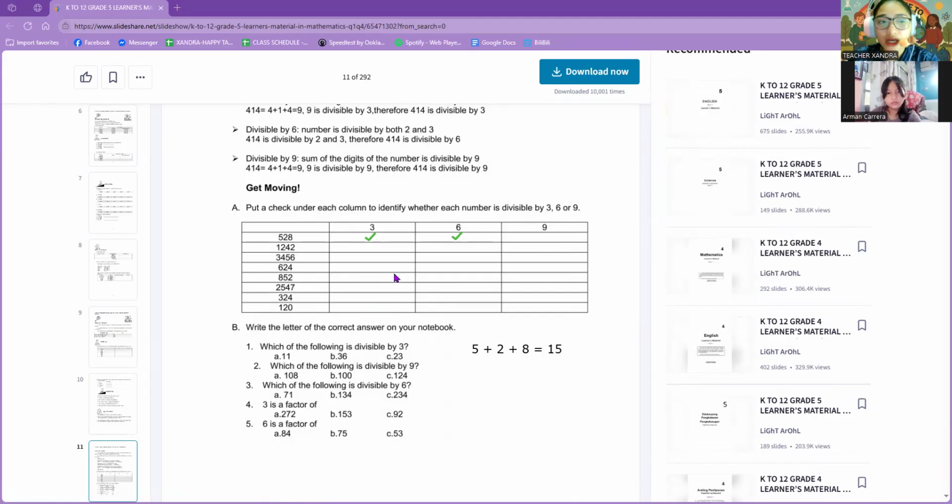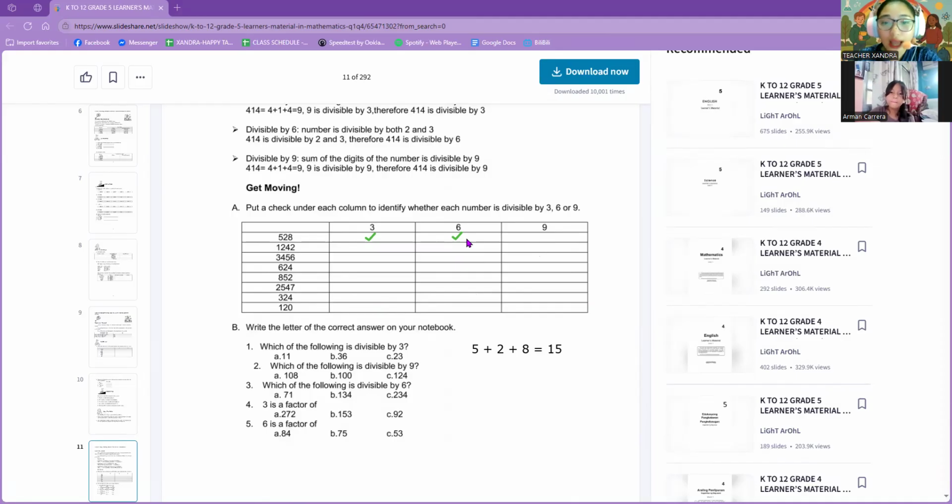So Patricia, today you learned how to check if a number can be divided by 3, 6, or 9 without doing long division. A number is divisible by 3 when the sum of its digits is also divisible by 3. A number is divisible by 6 if it follows the rules for both 2 and 3. Do not forget that.